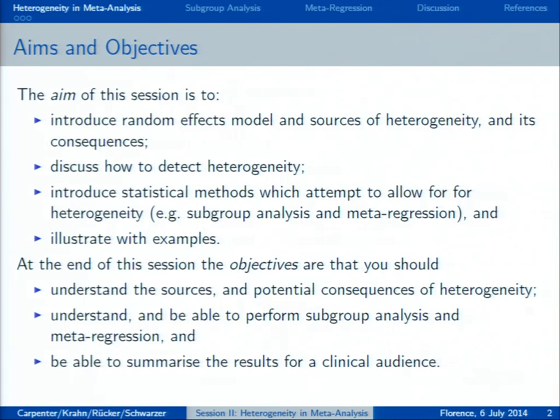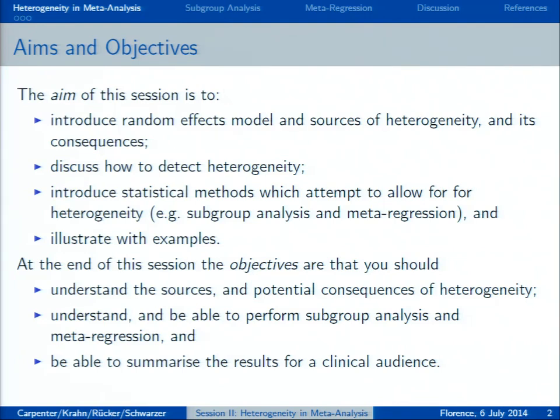So we're going to introduce random effects models, as a way to model and take account of heterogeneity, that's a greater extent of differences in treatment effects between studies than the fixed effects model would allow for or expect.